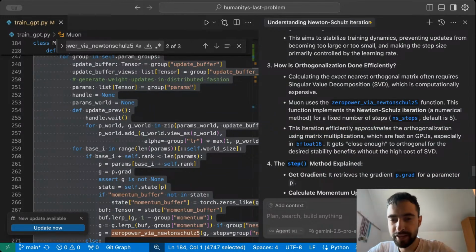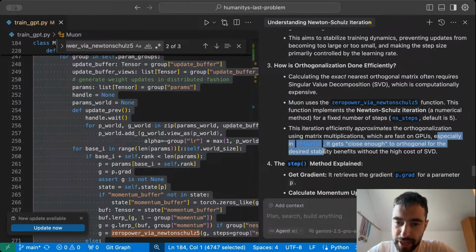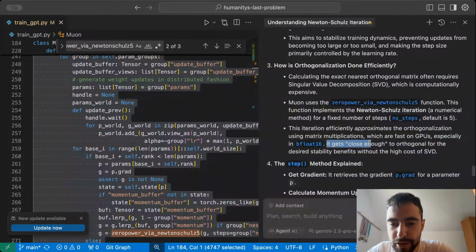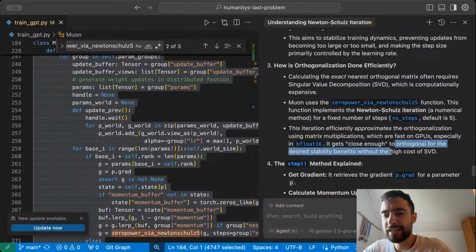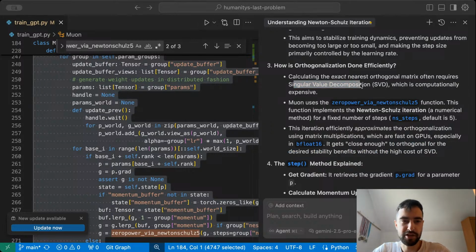Let's ignore this and continue. Especially in bfloat16. Why especially here? I don't know. Maybe we'll figure out next time. It gets close enough to orthogonal for the desired stability benefits without the high cost of singular value decomposition.